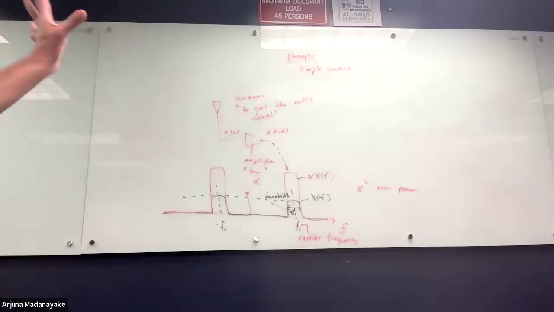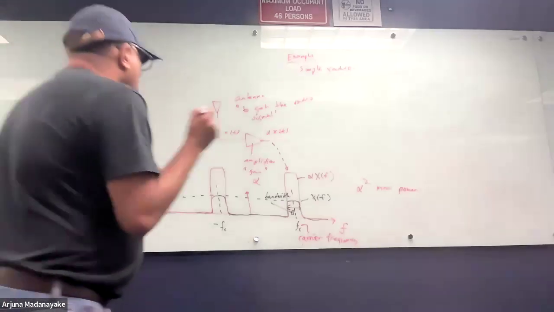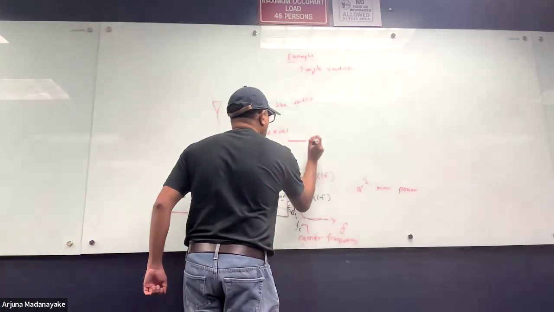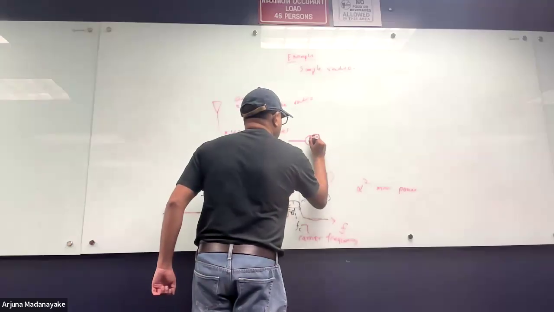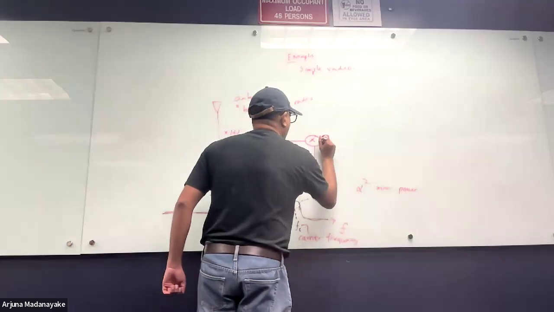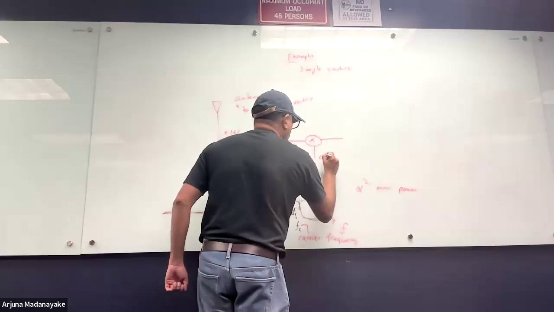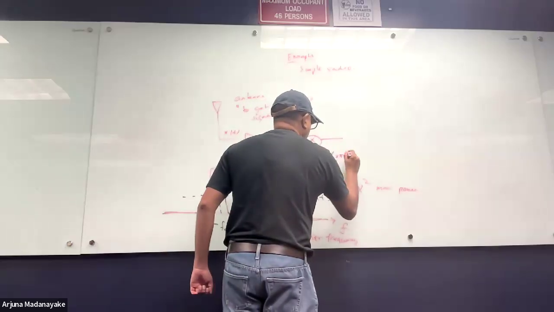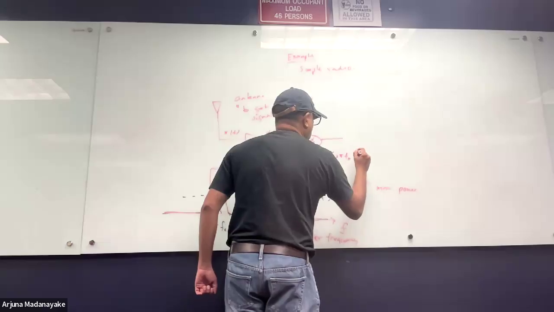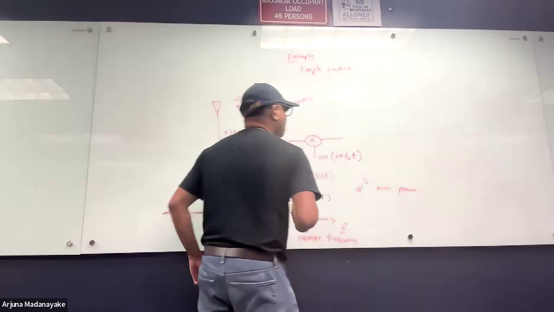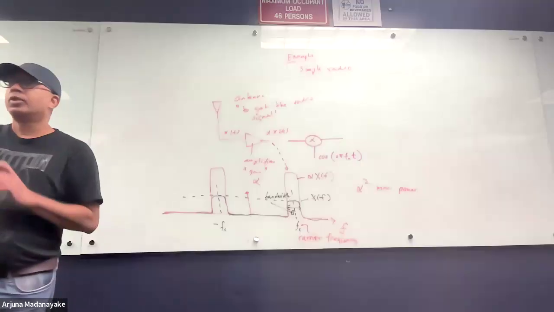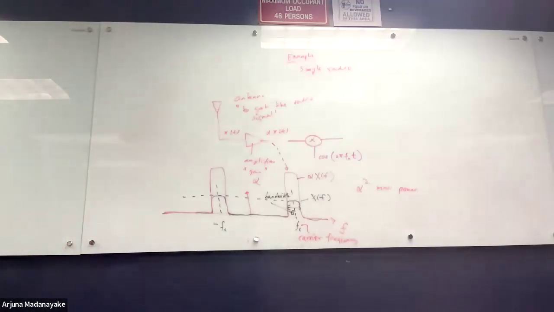Next, we are going to do one of our operations. We are going to multiply this whole signal by something else. I'm going to multiply this by a waveform, let's say cos 2 pi f naught t. I'm doing a multiplication operation.